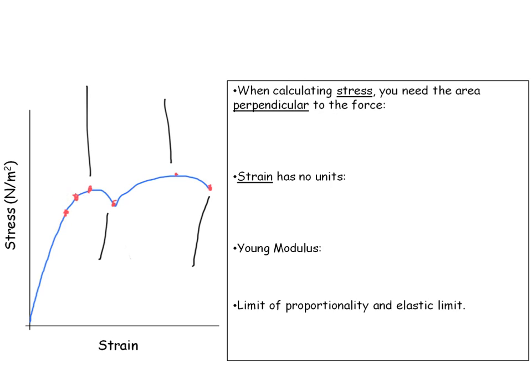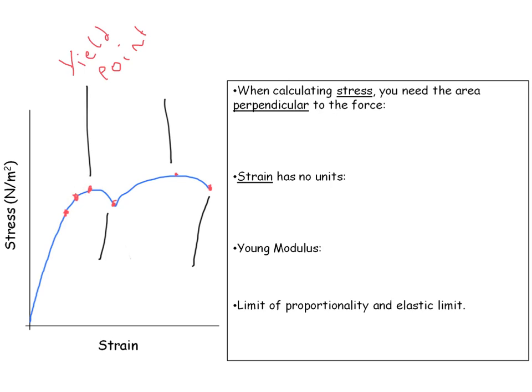So let's first of all have a look at this point here on the top of the first peak. This is what's called a yield point. That's your first point, where as you stretch the material more, so the strain increases, you actually get a sudden decrease in stress, and that happens because the material has yielded.